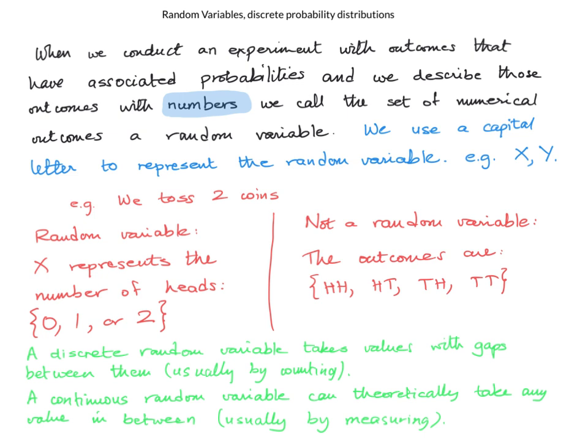And again, by measuring in that scenario, you're limited only by your measuring tool, and therefore we can consider the random variable of height being measured to be a continuous random variable because technically, based on the precision of my tool, I can get as many decimal places as I would like. So that's a continuous random variable. Now in this particular lesson, we're going to stick with the discrete random variables for now.